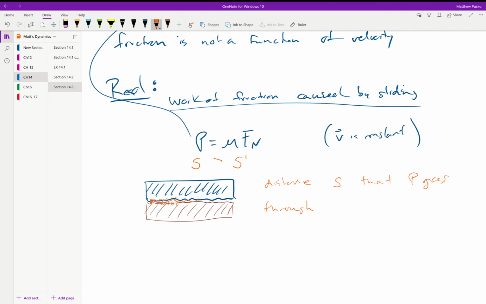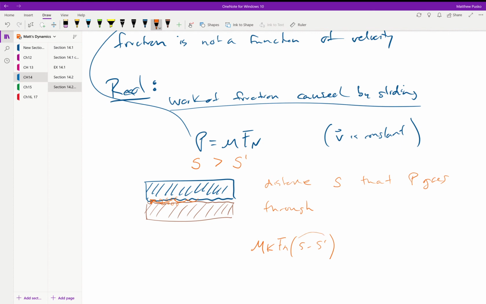And s, due to those deformations, is greater than s prime, and we should really be noting that loss. We have mu k times the normal force times s minus s prime.